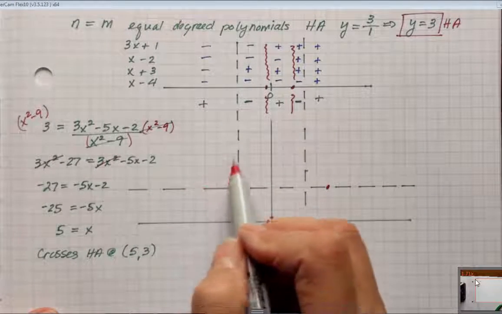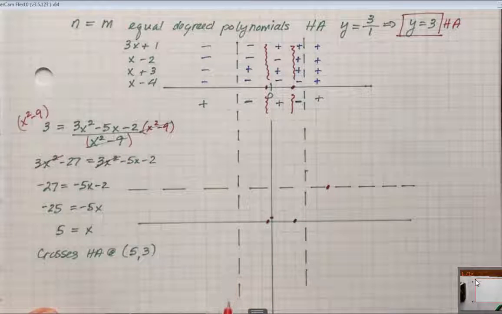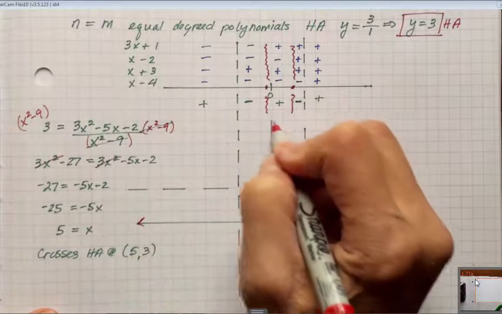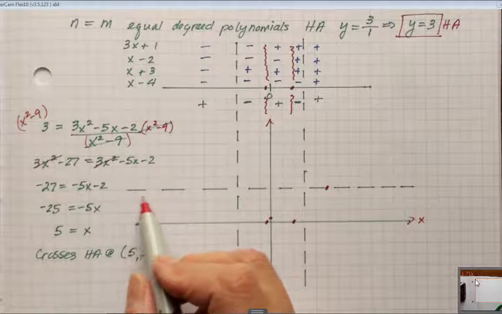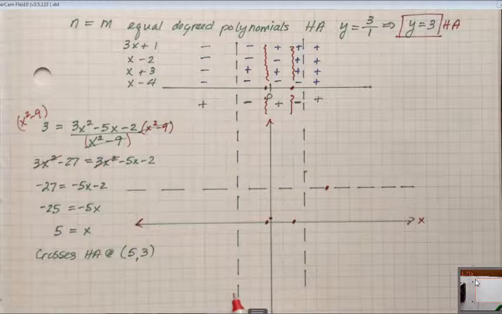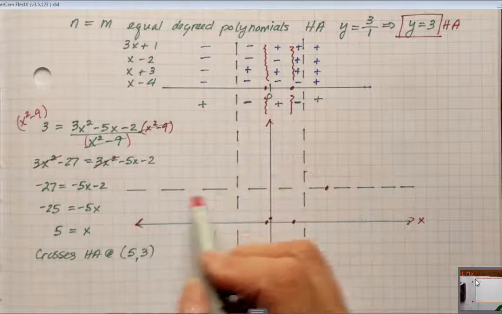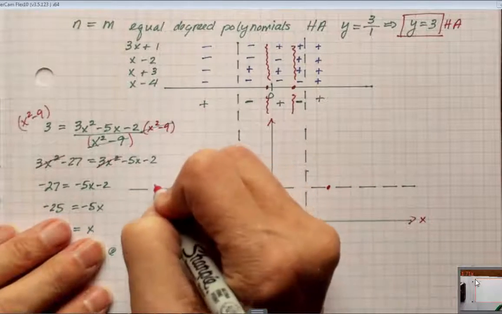If I do it this way, I end up in a negative value. Remember, this is my x-axis right here, and here's my y-axis. So if I start up on the positive side, for me to approach the vertical asymptote, I'm going to have to go down negative, and I don't want to do that. I want to stay positive the entire way. So I need to be above the horizontal asymptote and to the left of the vertical asymptote. So here is my graph on the left side.